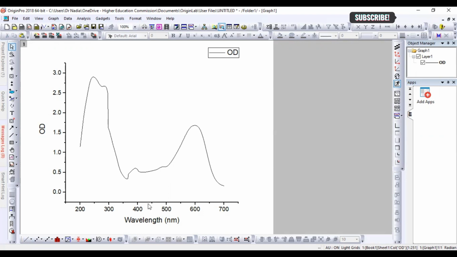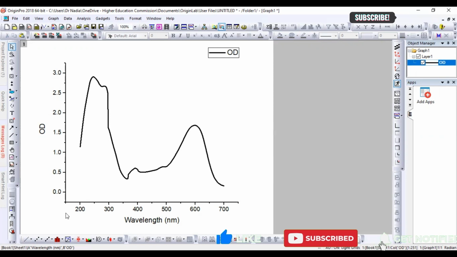So in this way, you can find out the optical density of your sample. You can play with this. You can increase the width and so on. So this is the optical density of your sample at different wavelengths. For example, we want to know the optical density at 600 nanometer.